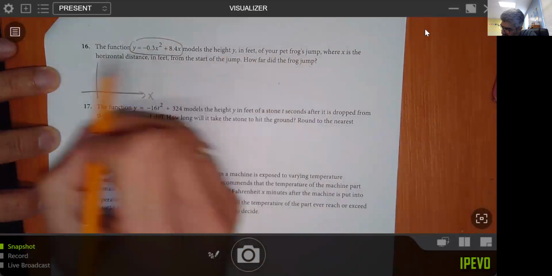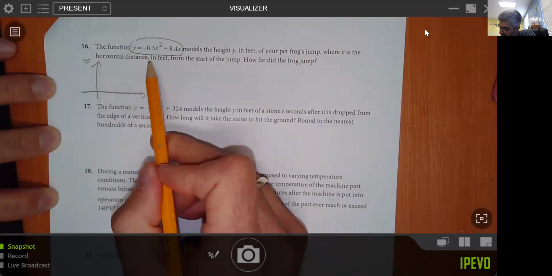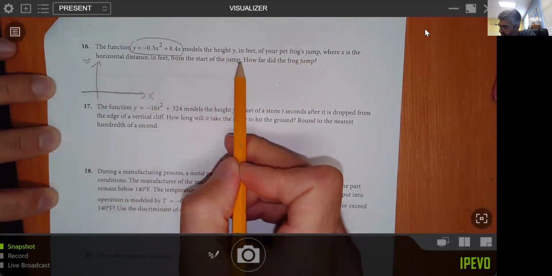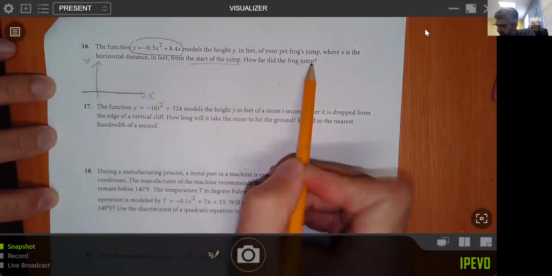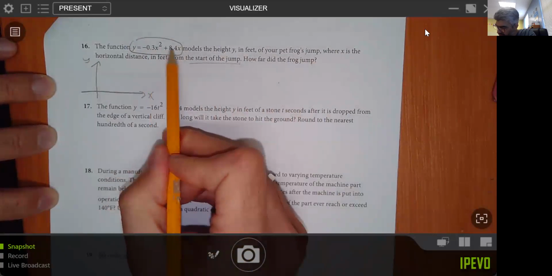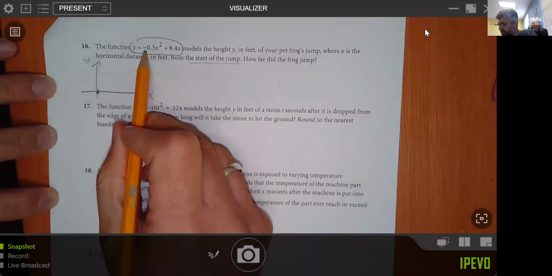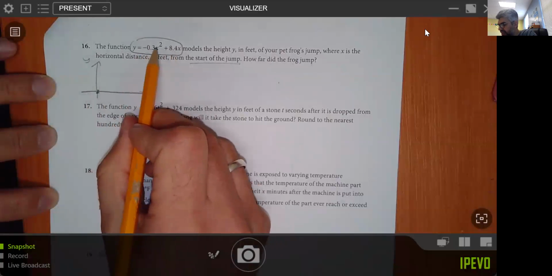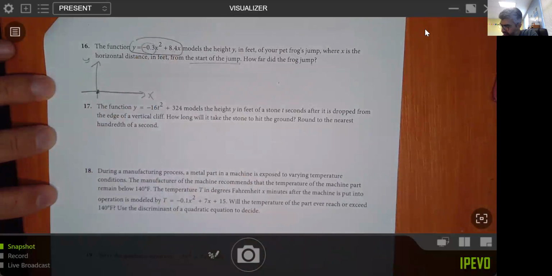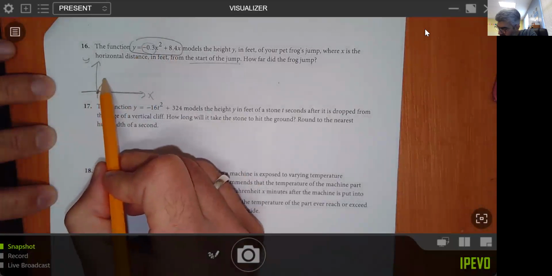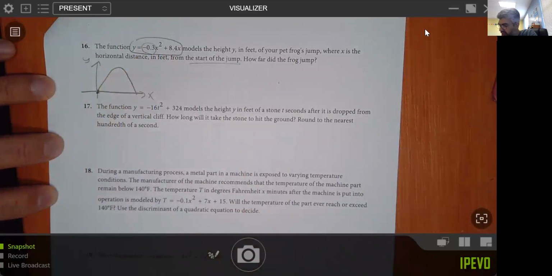And y is the height in feet from the start of the jump. How far did the frog jump? Let's understand the question. If x is equal to 0, this is the starting point, right? It's a parabola and a is negative, which means it's a downward parabola. So we have this graph for this equation.